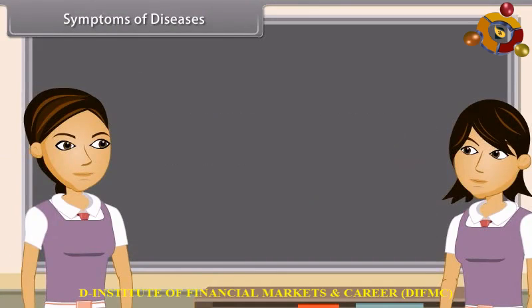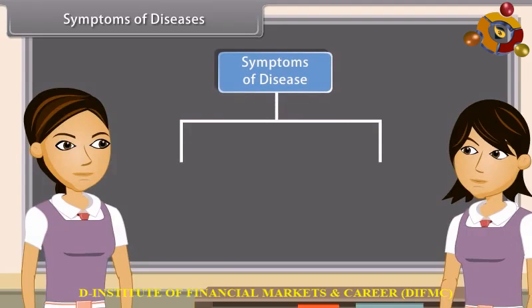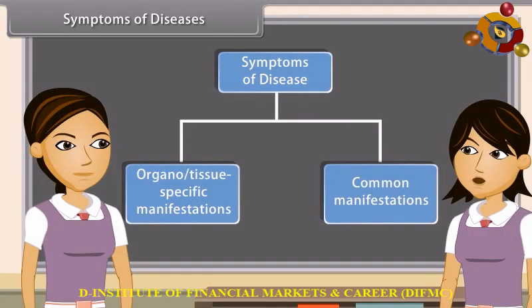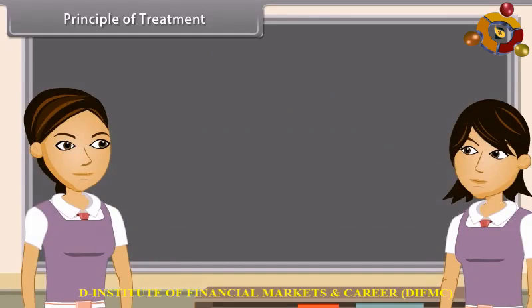Symptoms of diseases. Ankita, I want to tell you that disease symptoms are of two types: organ or tissue-specific manifestations and common manifestations. Principle of treatment.